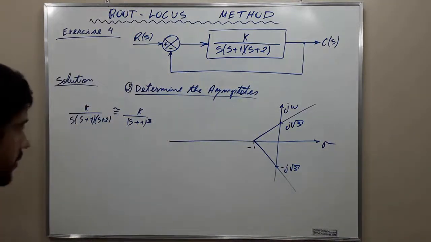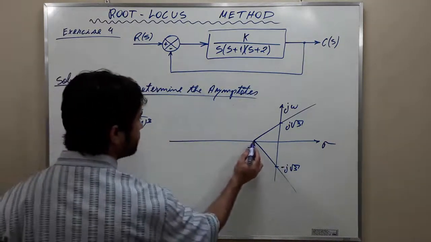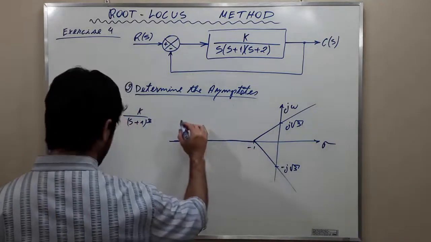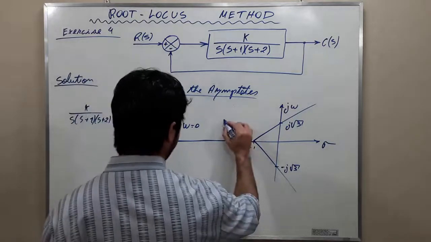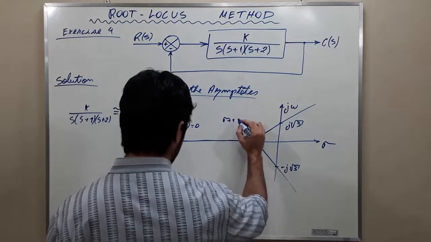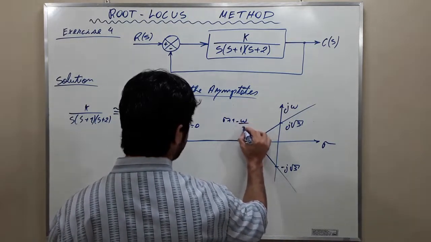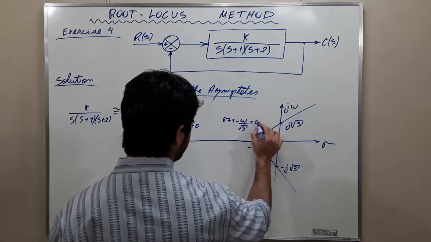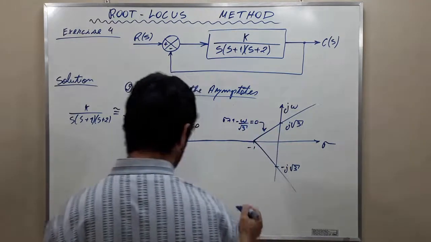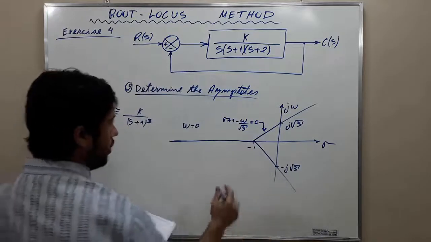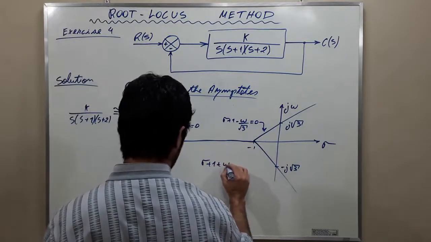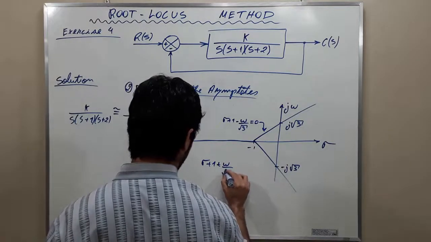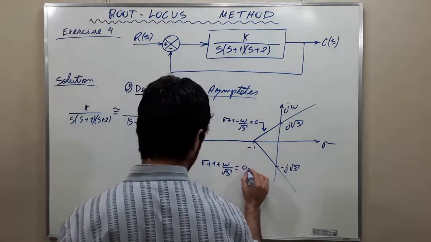Okay? This line here is w equal to 0. This one here is sigma plus 1 minus w over the square root of 3 equal to 0. And the lower one will be sigma plus 1 plus w over the square root of 3 equal to 0.